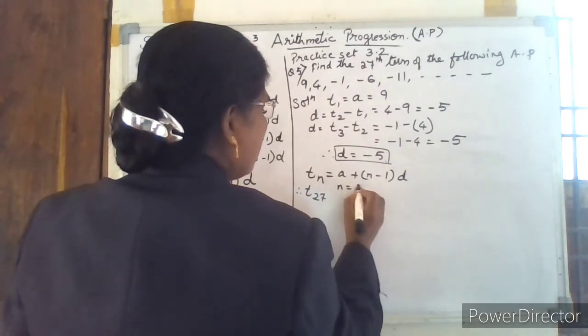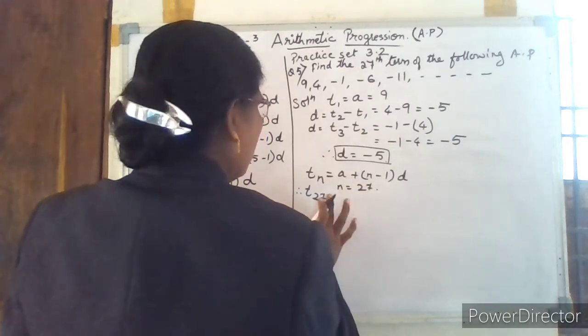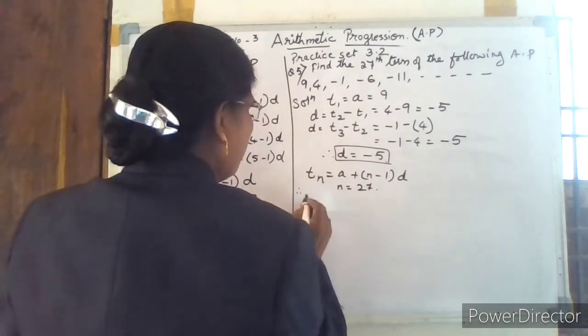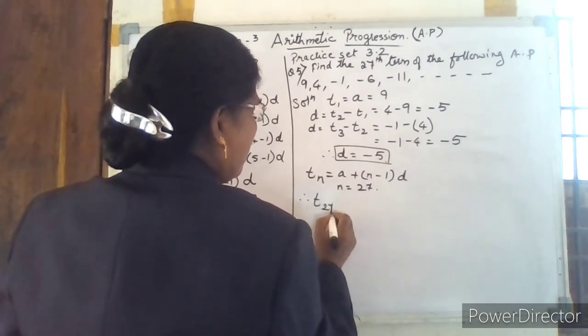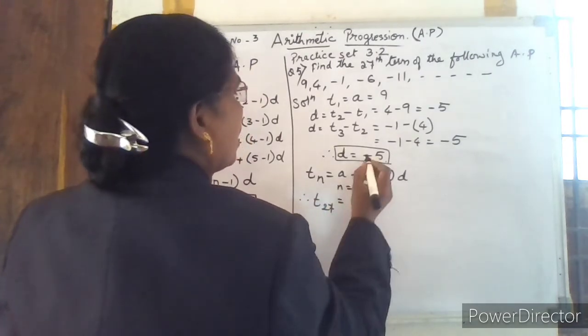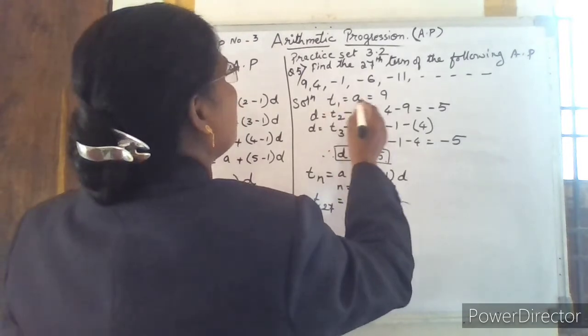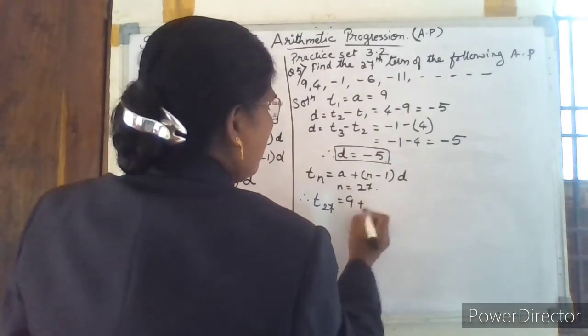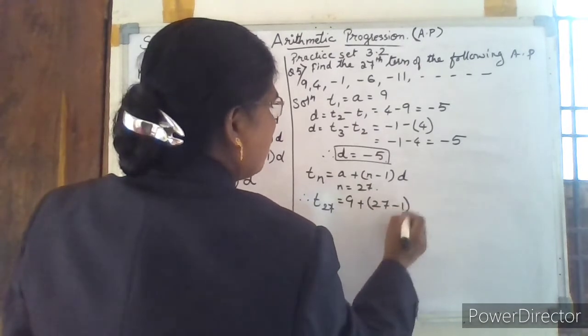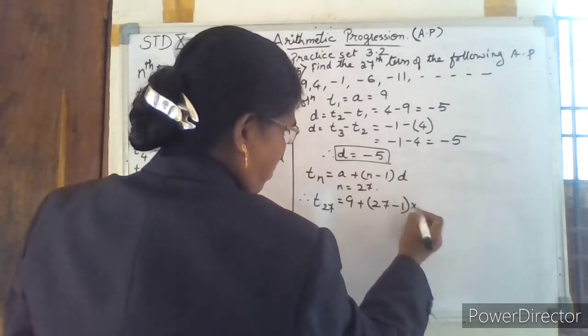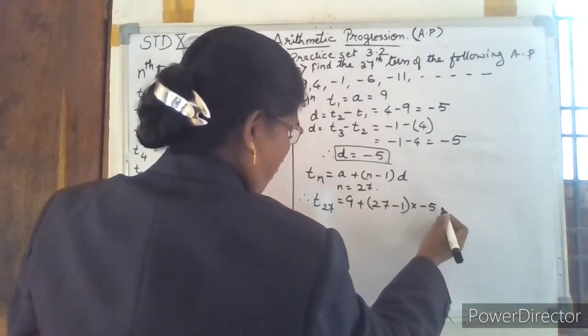Write n is equal to 27. So the 27th term is equal to A. What is the A value? 9, plus n is 27, minus 1, into the D value, that is minus 5.